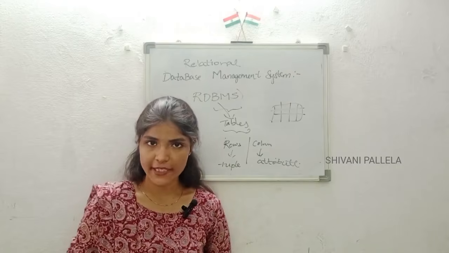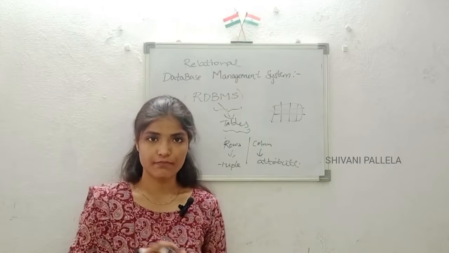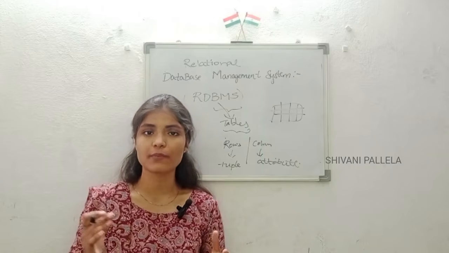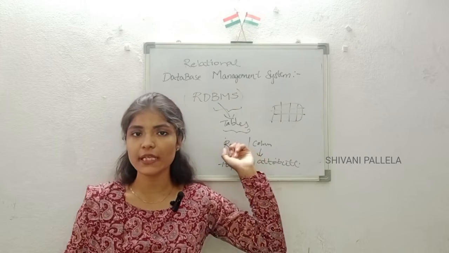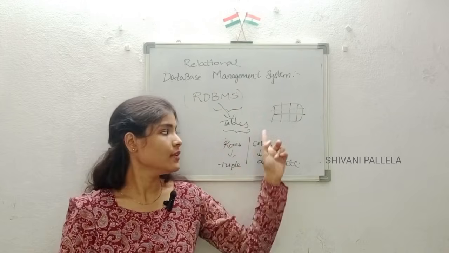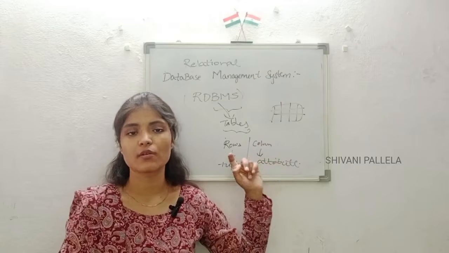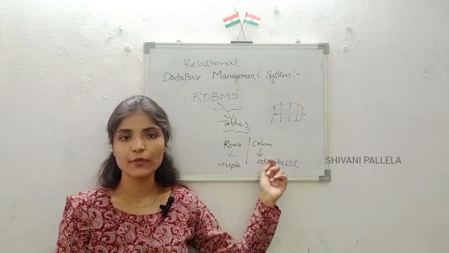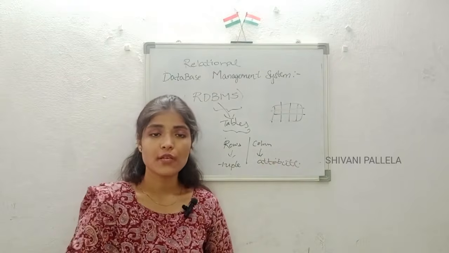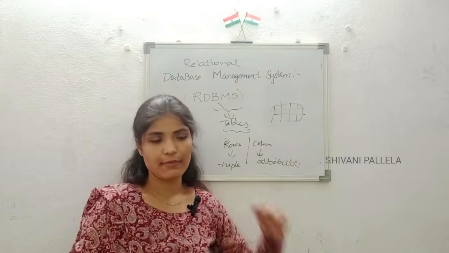Whatever interrelated data we are getting from the set of rules and regulations from the programs, it will convert into a relationship between the tables in rows as well as columns. Rows are also called tuples and columns are also called attributes. That's enough. So this is all about the RDBMS.